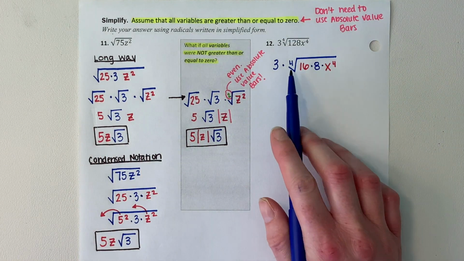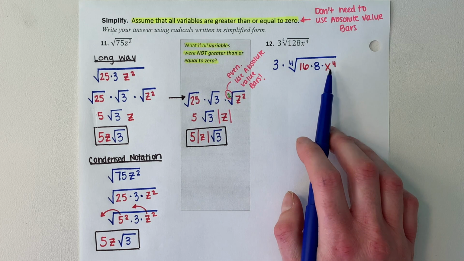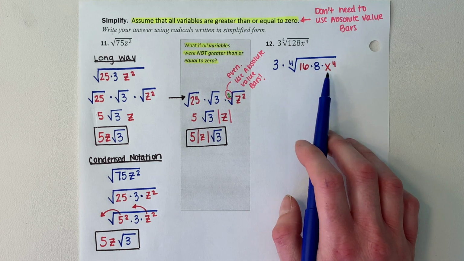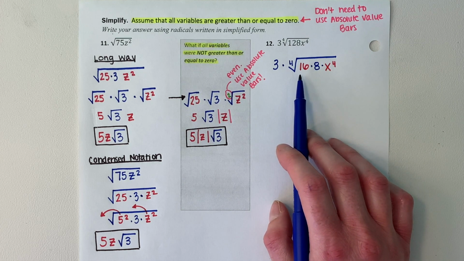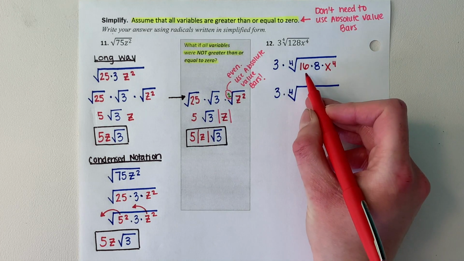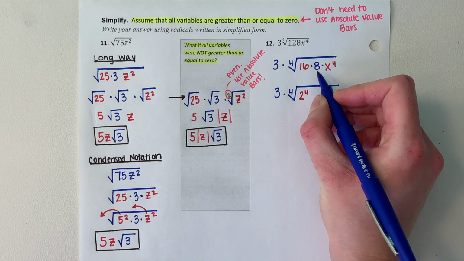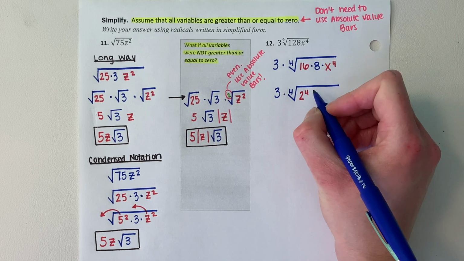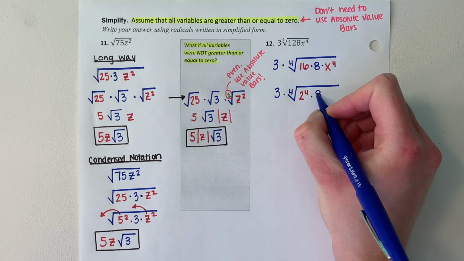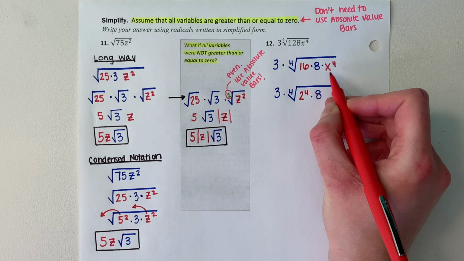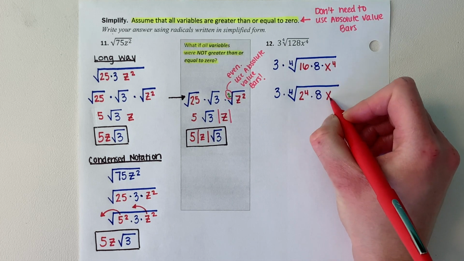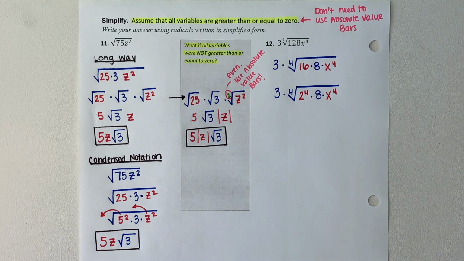Instead, since our index is a 4, anything underneath the radical that's a perfect 4th power, we need to write as some quantity to the 4th. 16 can be written as 2 to the 4th. 8 was just the leftover after pulling out the largest perfect fourth, 16, so we'll just bring down the 8. And then this perfect fourth is already perfectly written as some quantity to the 4th. So we're going to leave x to the 4th as is. Now we're going to pull those quantities out of the radical.